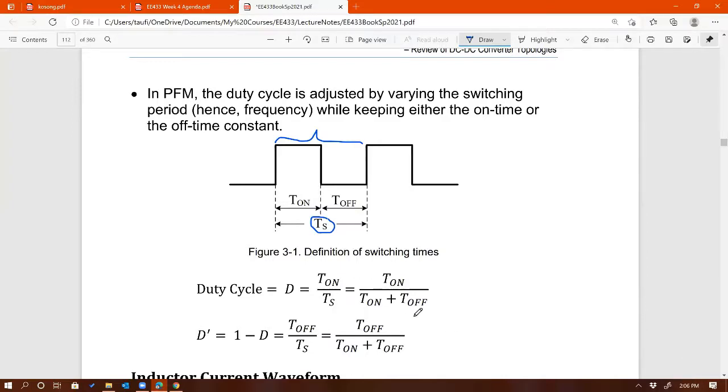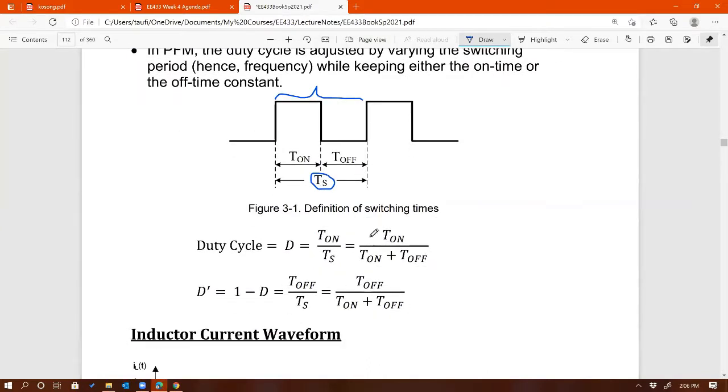And duty cycle is the ratio of on time. When the pulse is high, that's when the switch is conducting. When the pulse is off, that's when the switch is off. So duty cycle is the ratio of on time to the switching period. And ideally, the switching period is the summation of the on time and the off time of the switch.